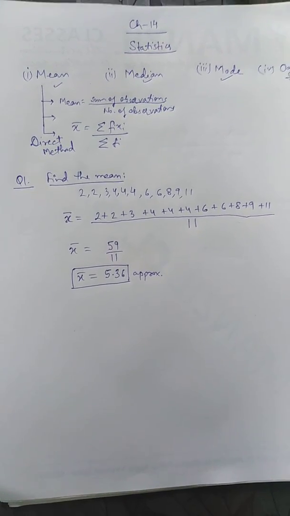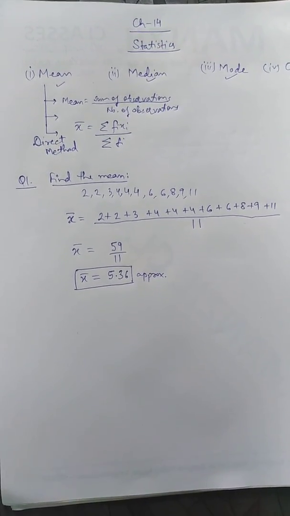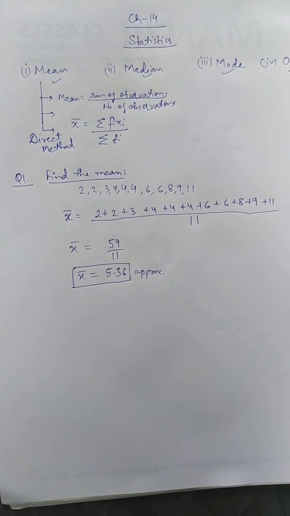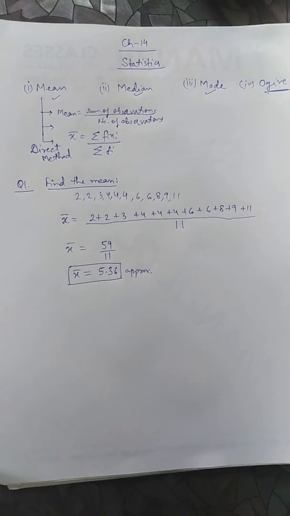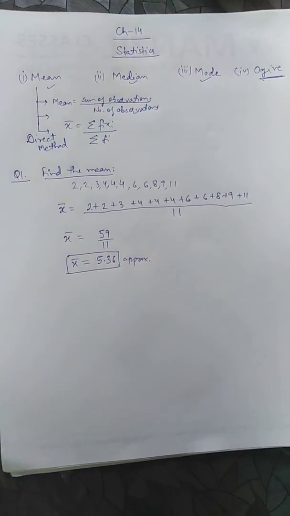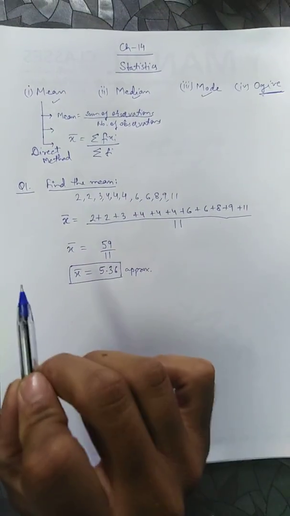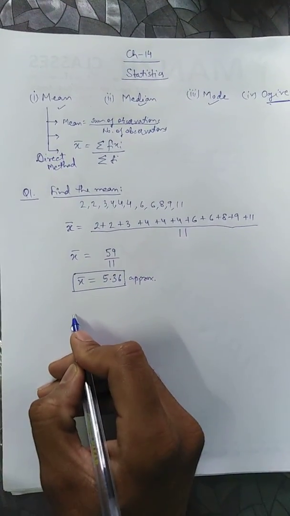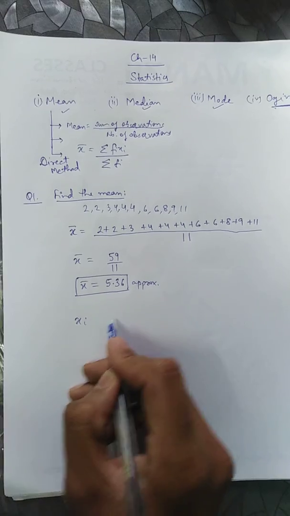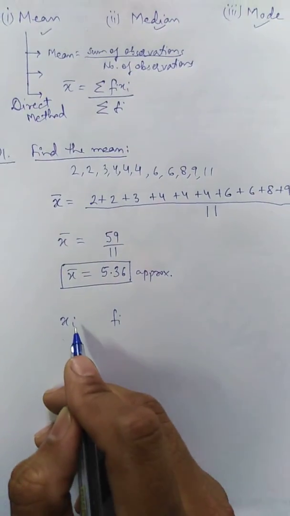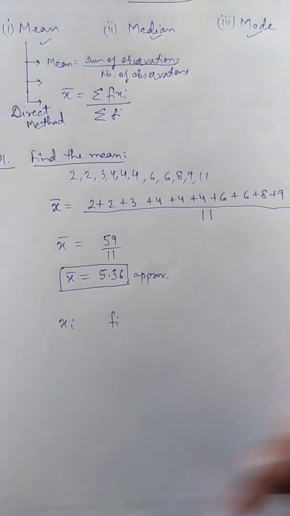In class 9, we also learned how to make the frequency distribution table, to arrange the data in a proper manner. So let's arrange this given data in a frequency distribution table. For that we need xi and fi. Xi represents the observation, fi represents its frequency.